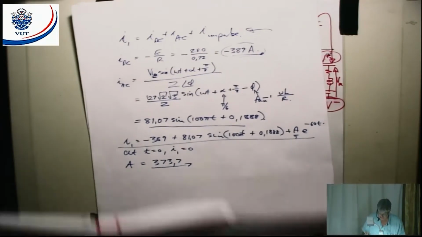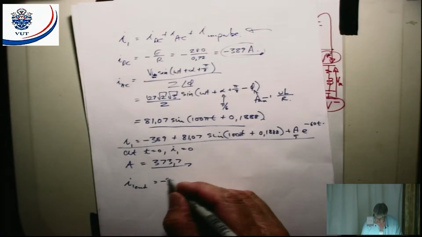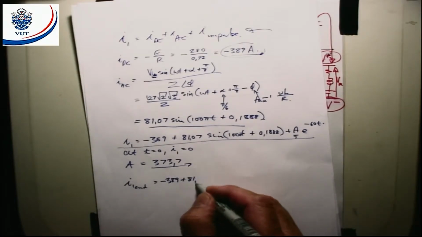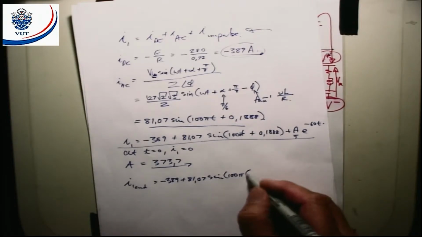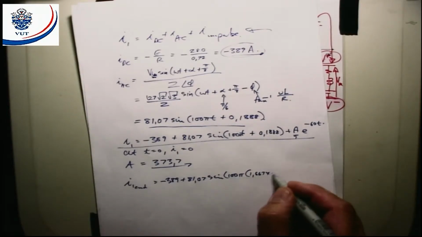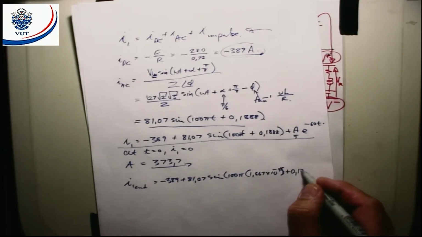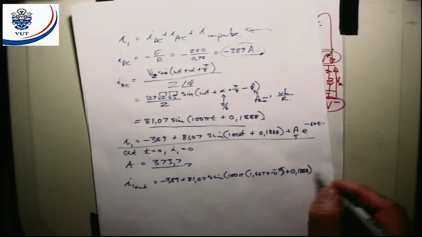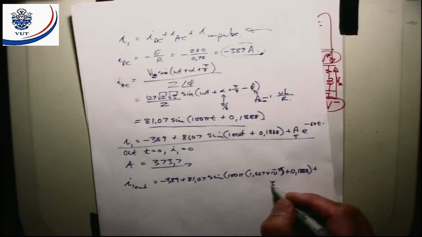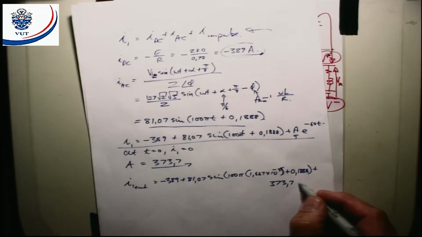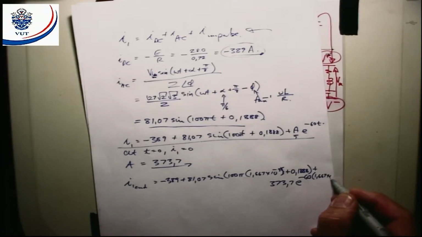So then we can say that I1 end is equal to minus 389 plus 81.07 sin(100 pi times 1.667 times 10 to the power minus 3 plus 0.1888) plus 373.7 e to the power minus 60 times 1.667 times 10 to the power minus 3.